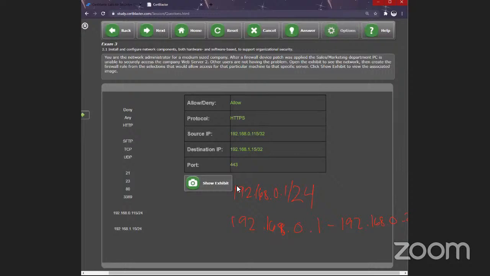I can't write anymore. So that's what that means. You have 254 IPs available when you do /24. I think it's 254 or 256. It's 254. Well, it's 256, but we don't use the first and the last IP.